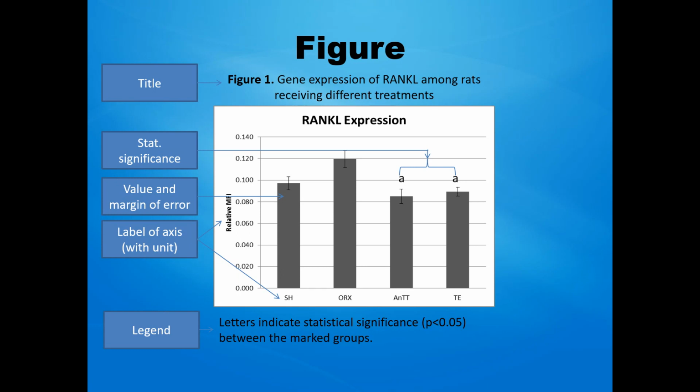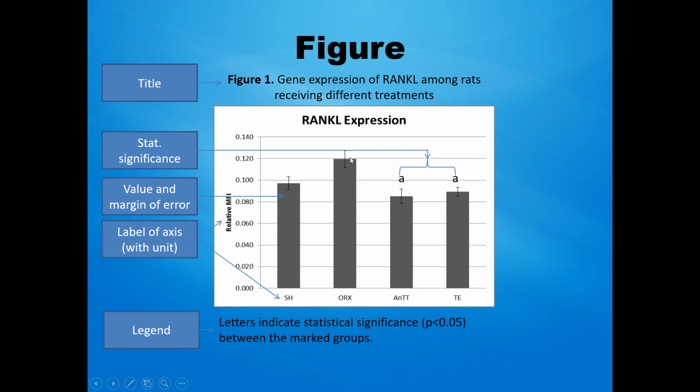For figures, some of the essential components include a title, and also, depending on the type of figure you're presenting, you will have axes with labels. Okay, and also there are indications of variation. Let's say if you're presenting a bar chart, there will be a marginal error presented in terms of error bars.